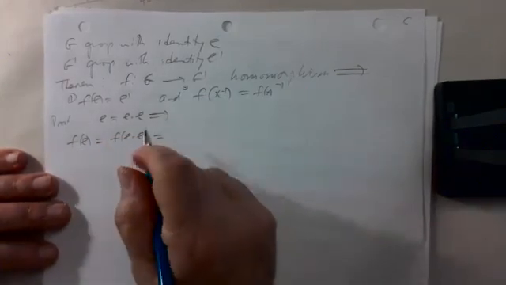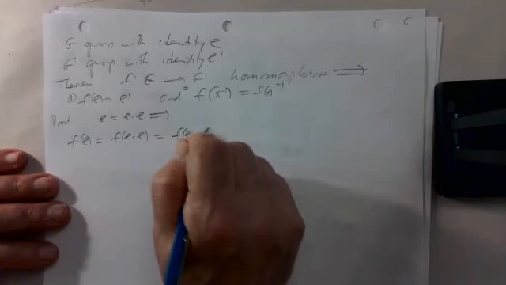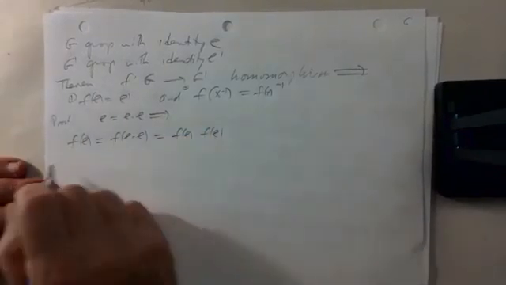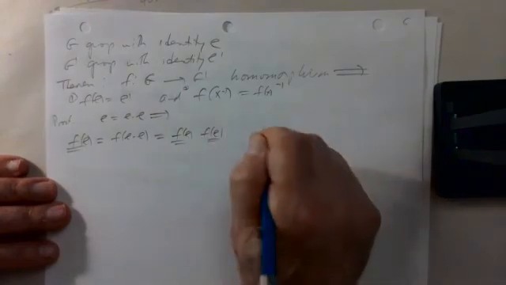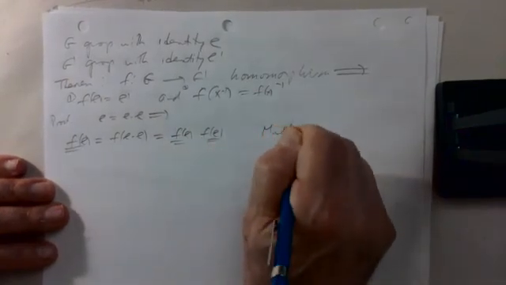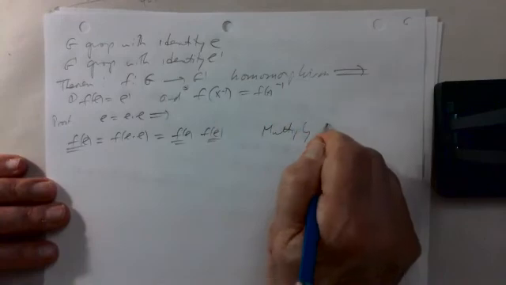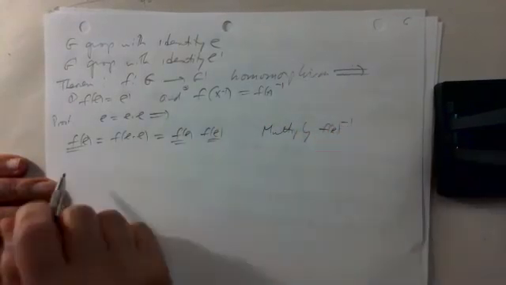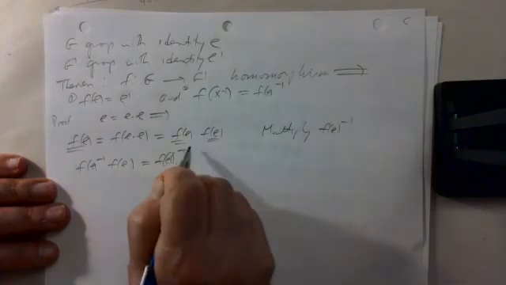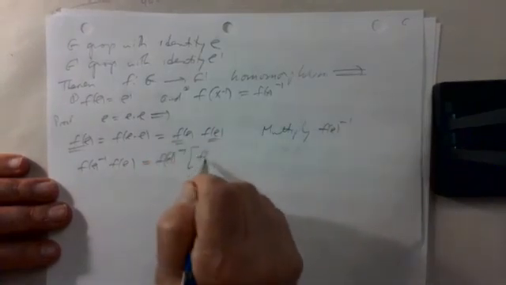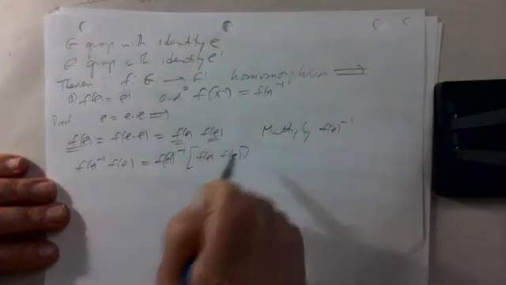And by the property of being a homomorphism, this is F of E times F of E. Now, I don't know what F of E is yet, but whatever it is, it has an inverse. So multiply this equation by F of E inverse. I get F of E inverse times F of E is equal to F of E inverse times F of E times F of E.